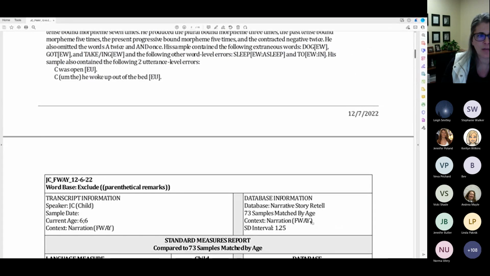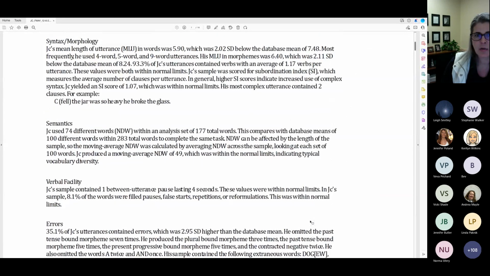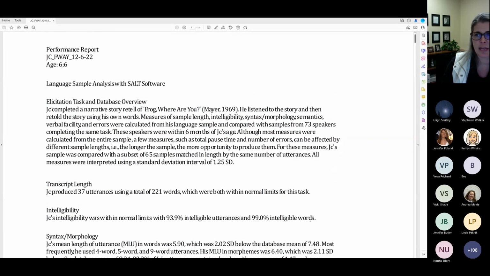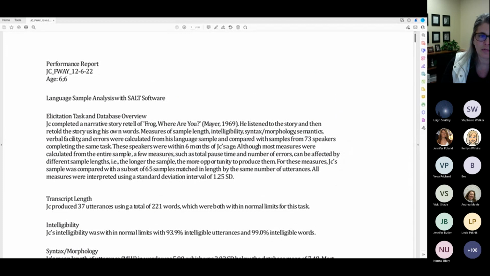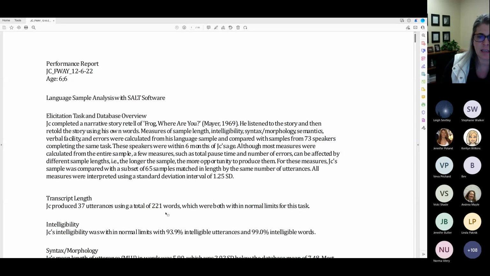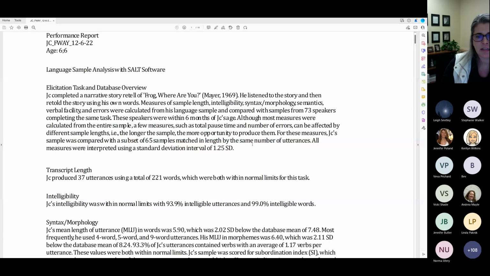The nice thing about SALT is that when we run the report, we run one where it goes through and actually will help you to interpret the data. So this first page can be really helpful because they break it down and they tell you which things are significantly different from their peers, and then which things are within 1 standard deviation or within the expected range.